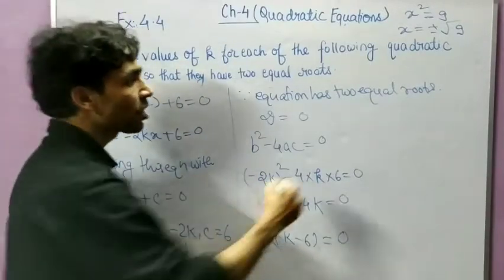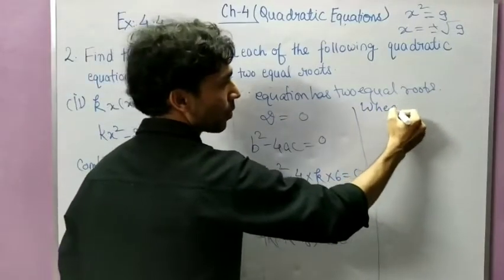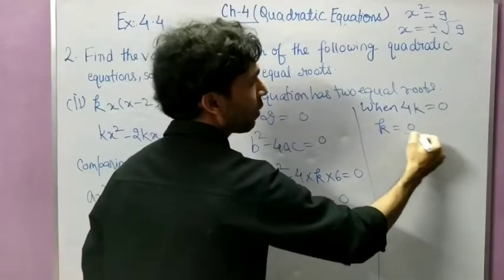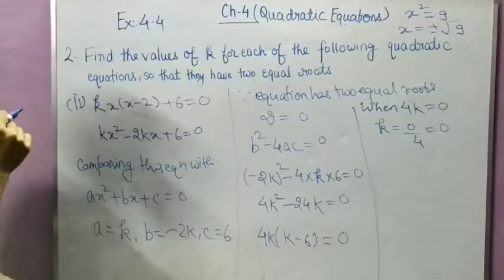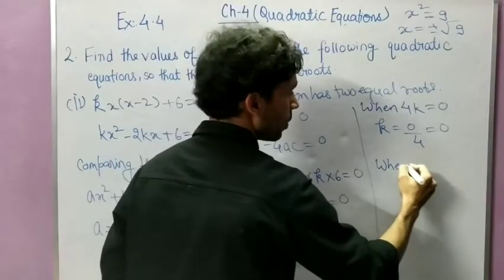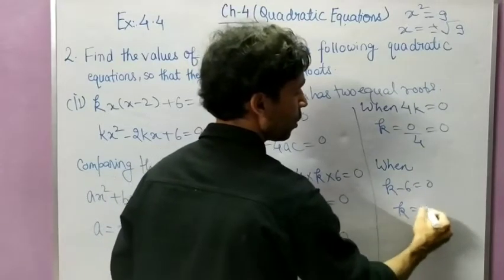So we will take the first condition. When 4k equal to 0, k will be equal to 0 by 4, that is 0. So from here we got a value of k. Now when k minus 6 equal to 0, k will be equal to 6.